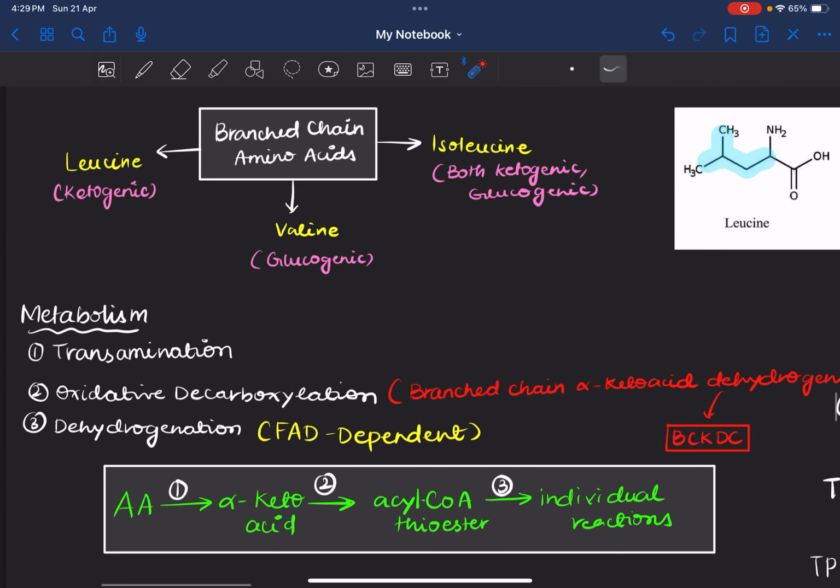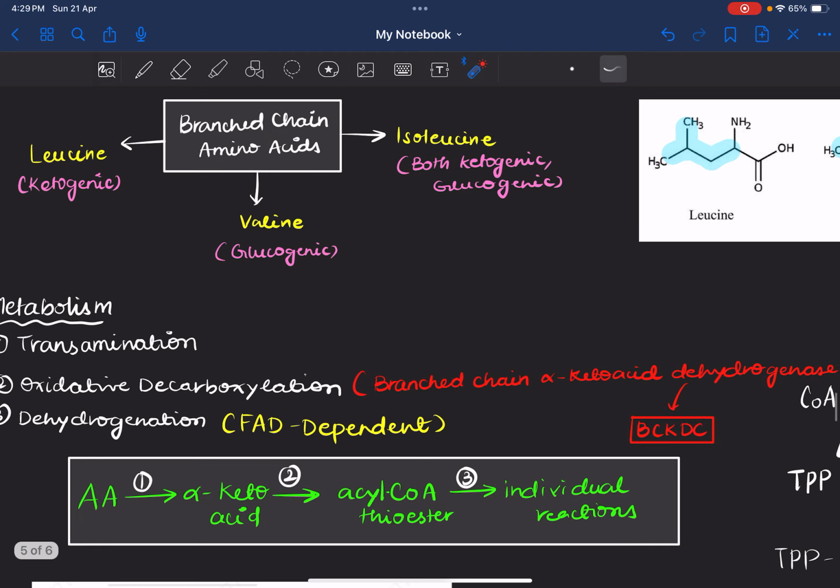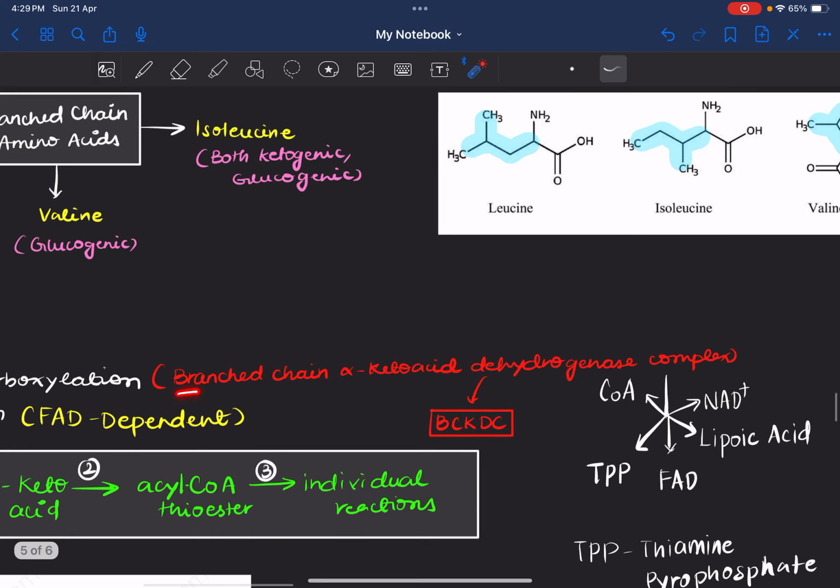Metabolism of all three branch chain amino acids is going to be the same for the first three steps, and all of these first three steps are going to be catalyzed by a common enzyme. So the first step of this metabolism is transamination, followed by oxidative decarboxylation and dehydrogenation. All of these amino acids are transaminated to their corresponding alpha keto acid, and this alpha keto acid is then going to be oxidatively decarboxylated by our enzyme complex, the branch chain alpha keto acid dehydrogenase complex, right?